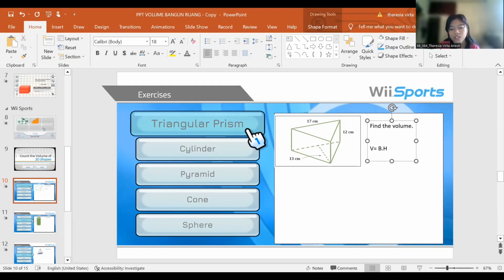So do you still remember the triangle area formula? That's right. It's half cross base cross height. So we can substitute.